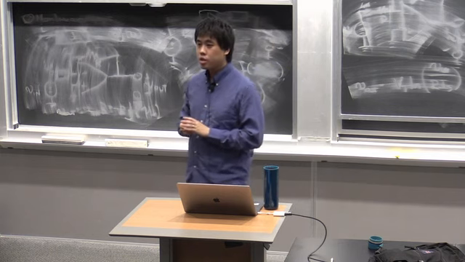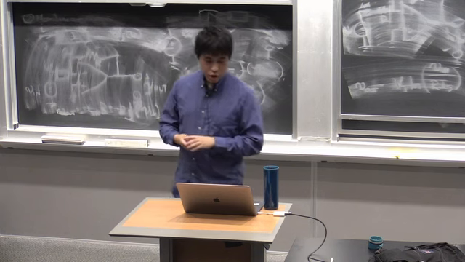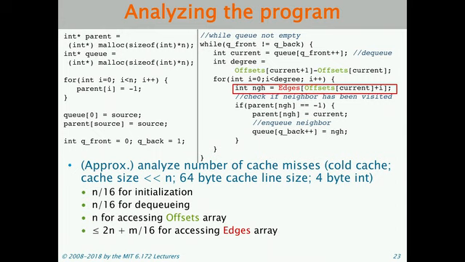Yeah, you have to access that at least once per edge. Right, so you have to pay m over 16 because you're accessing every edge once, and you're accessing the edges contiguously. So therefore, across all edges, that's going to take m over 16 cache misses.